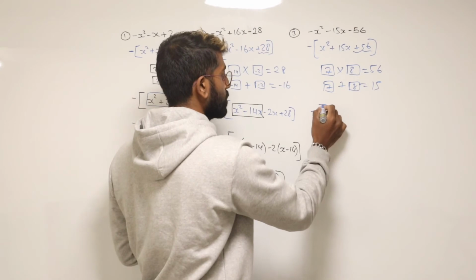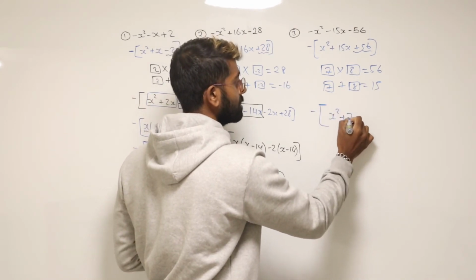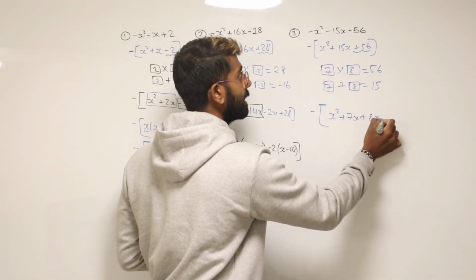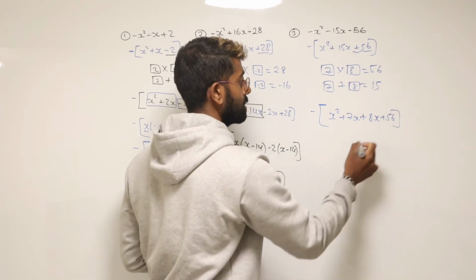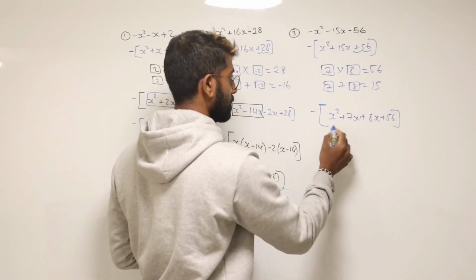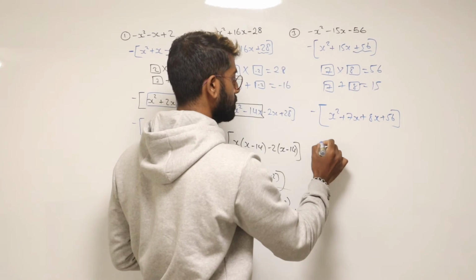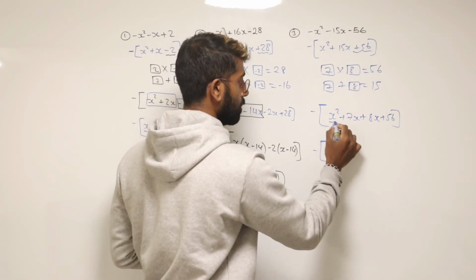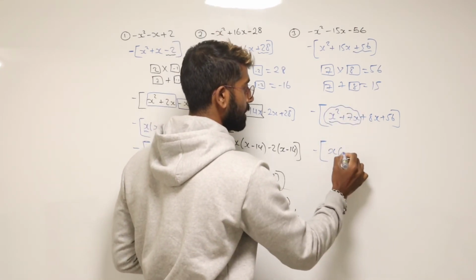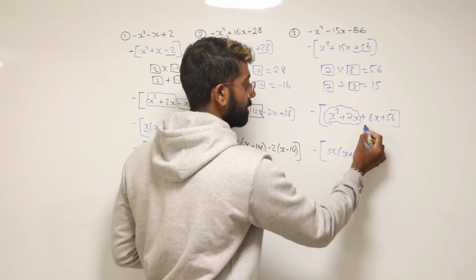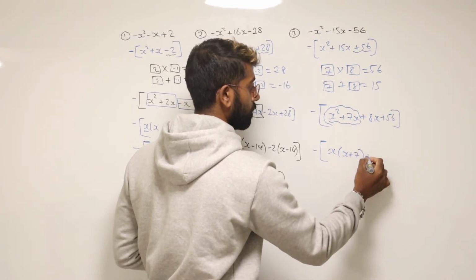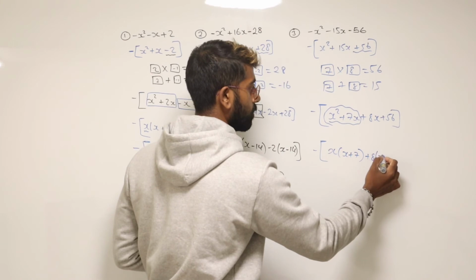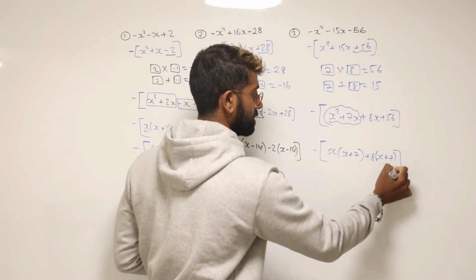Go and rewrite the quadratic. So we've got x squared plus 7x plus 8x, and then plus 56. Then we'll start factorizing in here. So minus, take the x out from this bit, so x and then x plus 7. And then from here, we can take out a positive 8. So we'll have x plus 7. There we go.